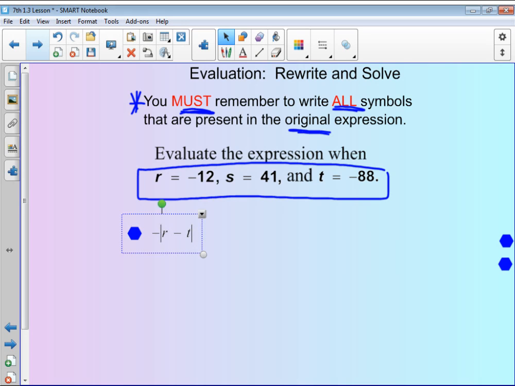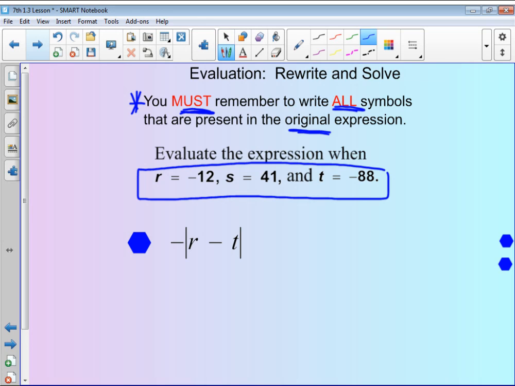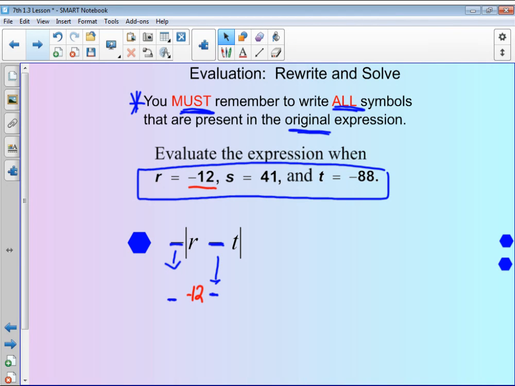So here, if I enlarge this, I'm going to substitute in first. I'm not going to worry about the absolute value bars. I'm not going to worry about the negative signs, but if these negative signs are there, I have to also put them in my equation. So when I rewrite this, I'm going to bring these down so I don't forget them. And I have a minus sign here. Now I can go through and write out what R was worth. R was worth -12, so -12. And I don't want to forget my little absolute value bars here.